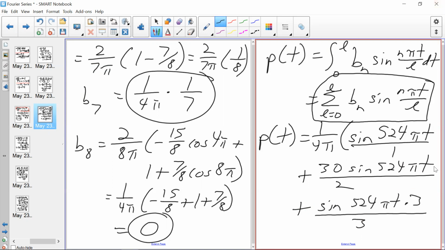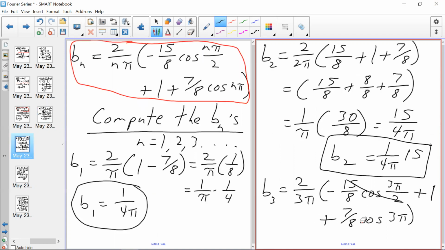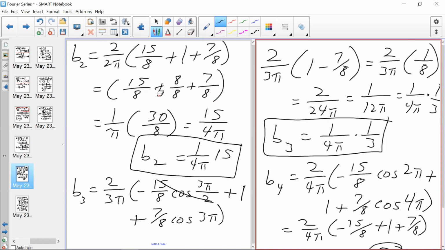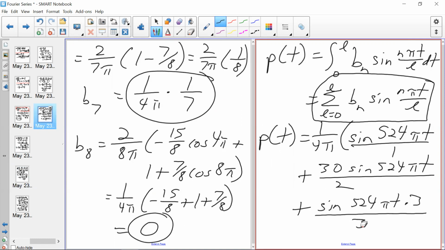And why are we doing that necessarily? Just to keep things a little less esoteric. Because b sub 3, remember we found b sub 3 to be 1 over 4 pi times 1 over 3. That 3 is in this denominator. So that's really the issue.